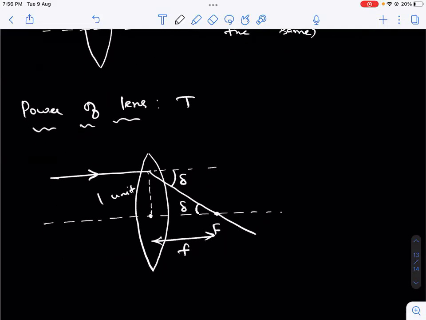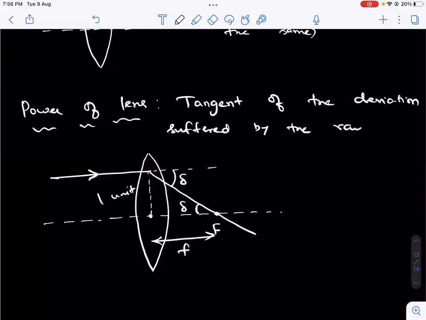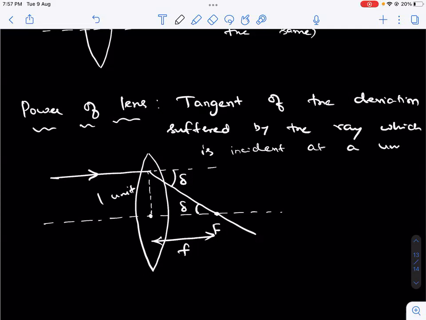So power of lens is defined like this: the tangent of the deviation suffered by the ray which is incident at a unit distance from the optical center.